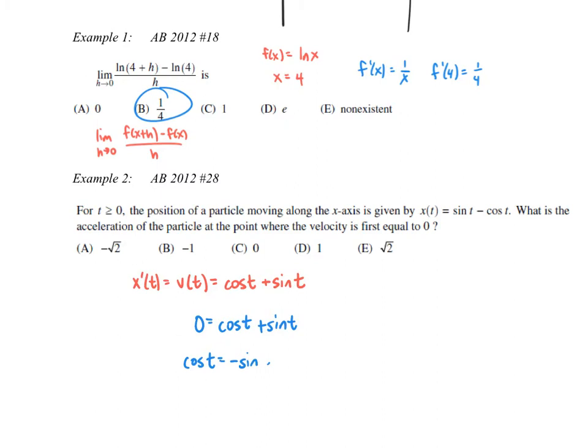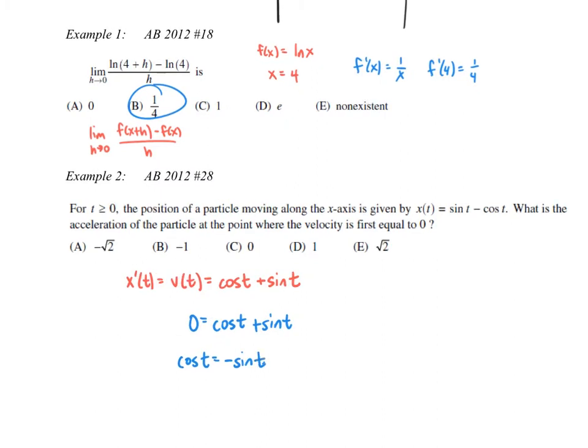To me, what I do is think about the graphs of them, but also some of the important angles that we've studied with regard to these particular functions. And the angle that we're looking for when they're the same is pi over 4.